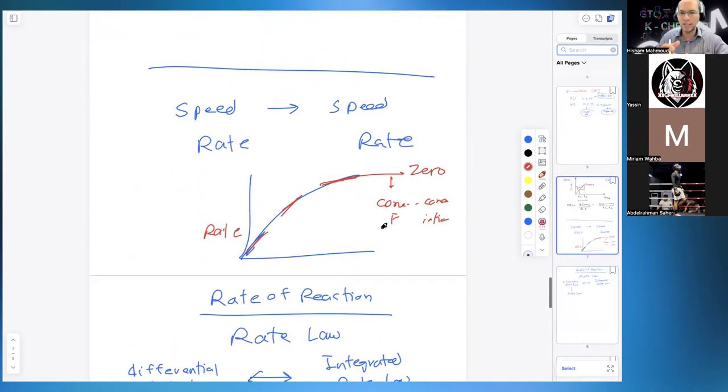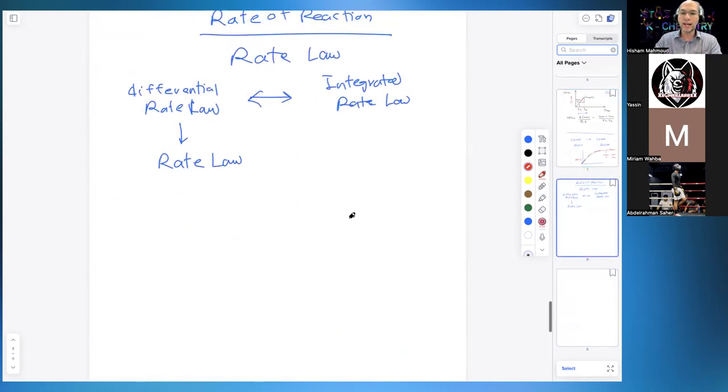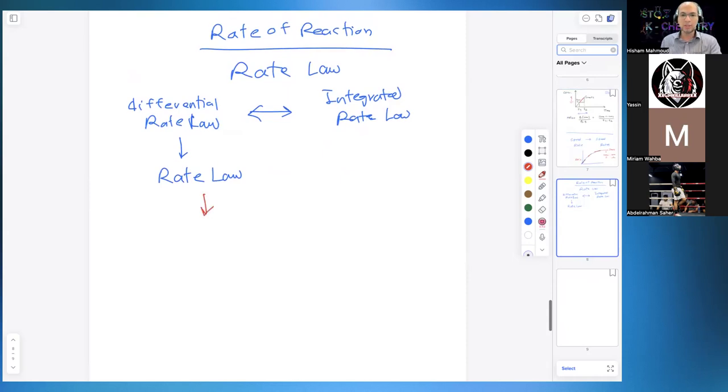If the concentration is high, the rate of the reaction will be higher. If the concentration is low, the rate of the reaction becomes lower. As for the integrated, it is different. We said the first one depends on what?